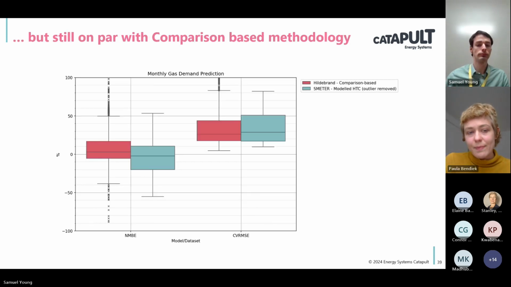However, if you aggregate the results, we can see that our NMB and CVRMSE is relatively similar to the comparison-based methodology. So we get decent results at an aggregate portfolio level.